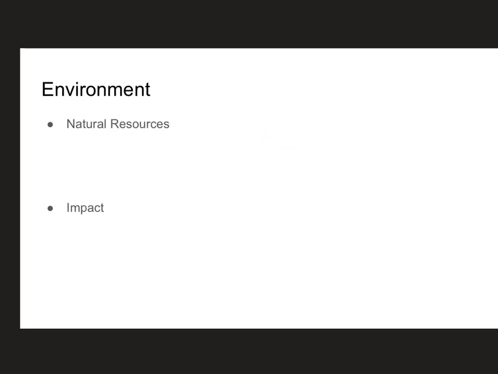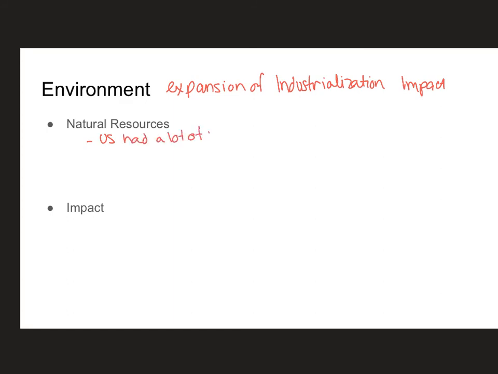So how did this all play a role with the environment? So how did the expansion of industrialization impact the environment? Well, first off, we had a lot of natural resources. So that allowed us to begin industry.